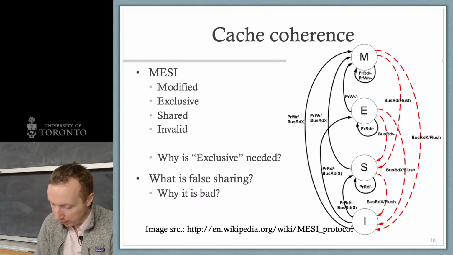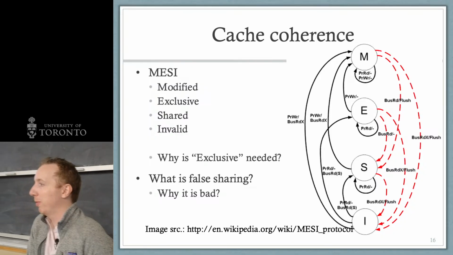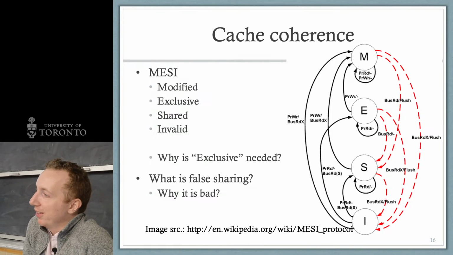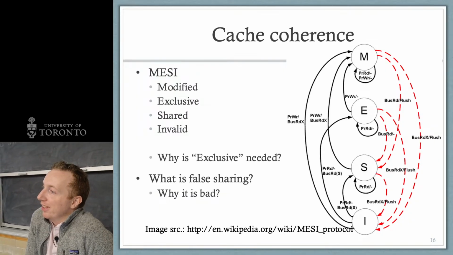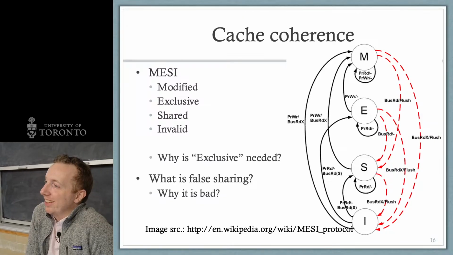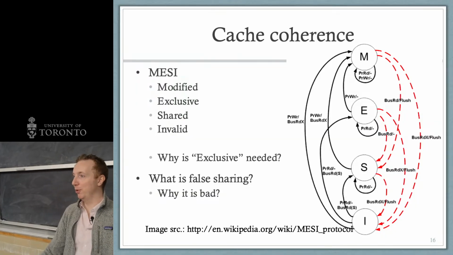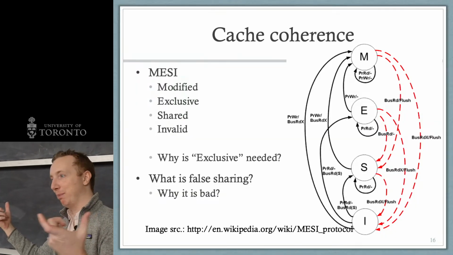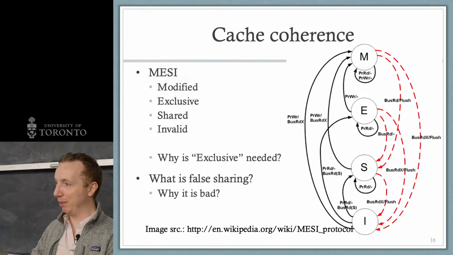And then we had false sharing. Anyone remember what false sharing was? It's accessing different pieces of memory, but they lie on the same cache line. Yeah, when two cores access different independent pieces of memory, but they happen to be on the same cache line.